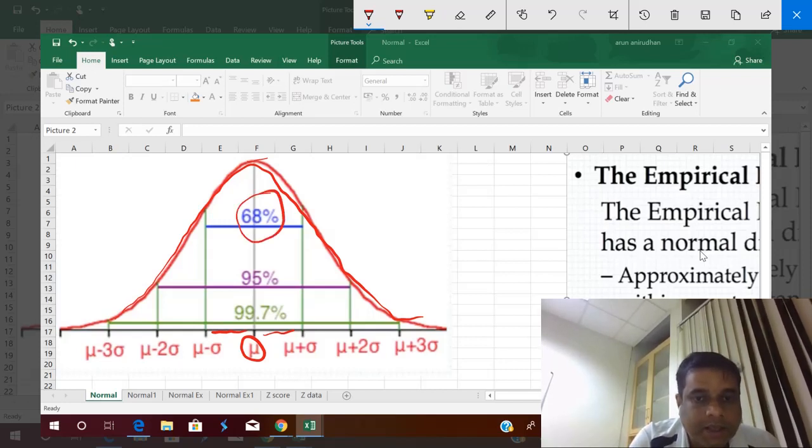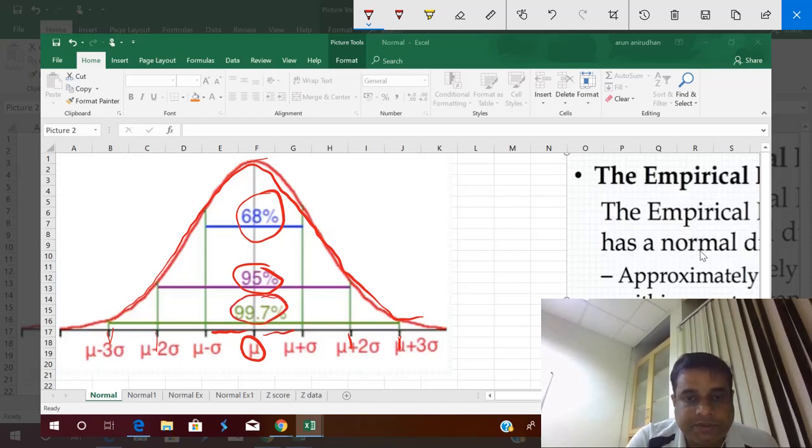Okay, and between two standard deviations to the right and two standard deviations to the left, you have 95% of the students. And when you take 3 standard deviations to the right and 3 standard deviations to the left, you got 99.7% of the students.